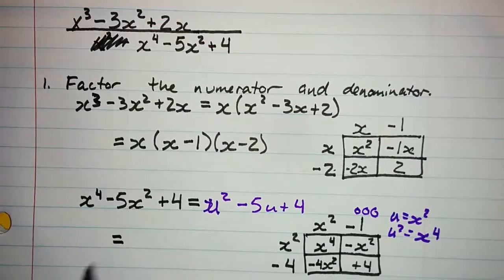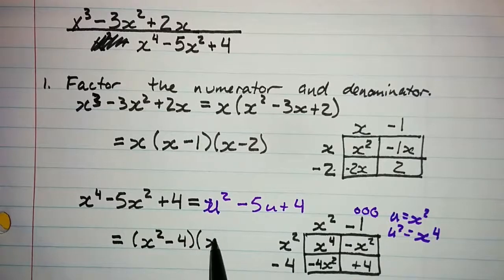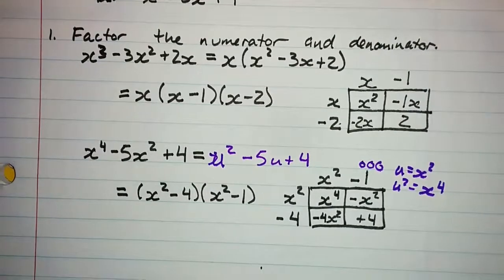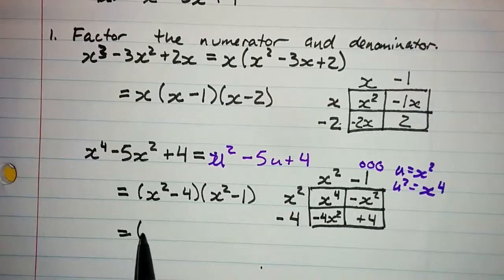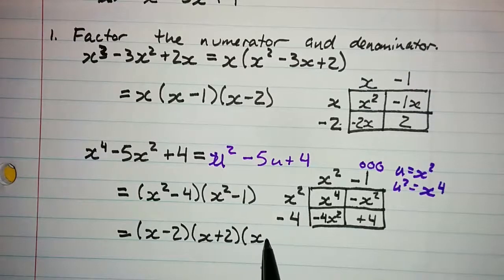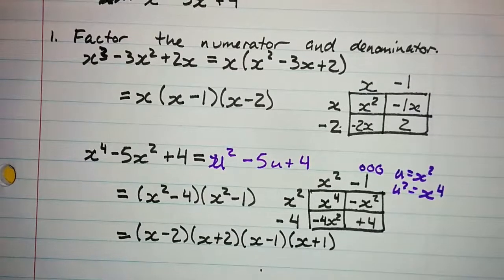So my polynomial factors as x squared minus 4 times x squared minus 1. Noting that each of these binomials is a difference of squares, that's x minus 2, x plus 2, x minus 1, x plus 1.